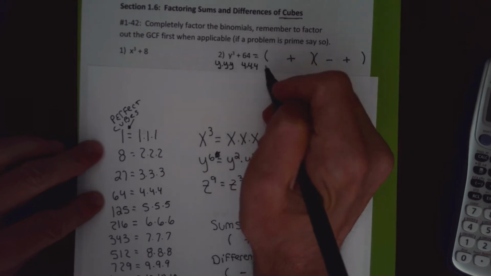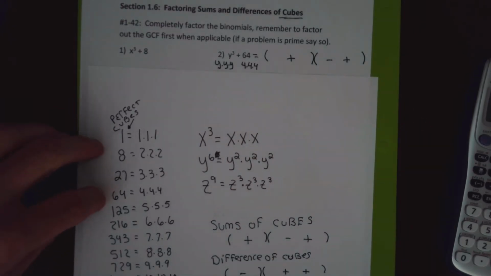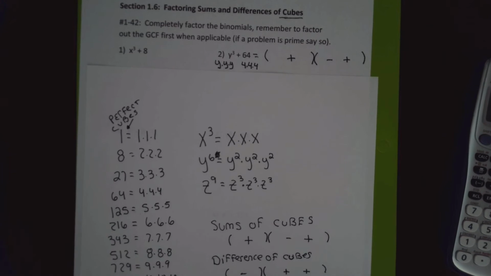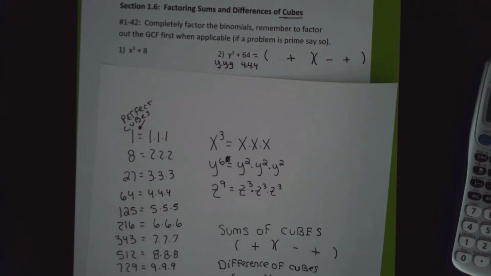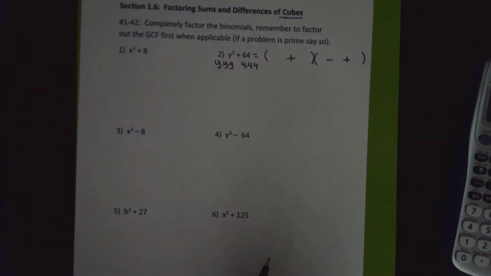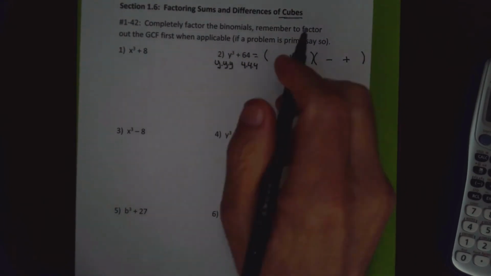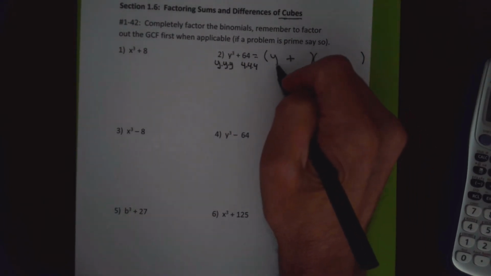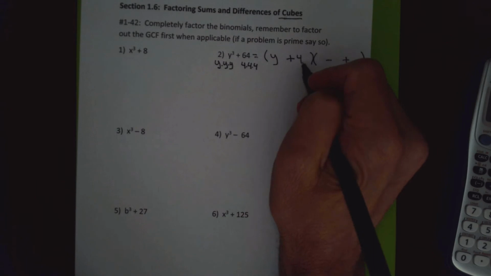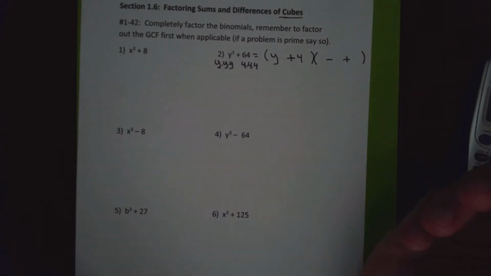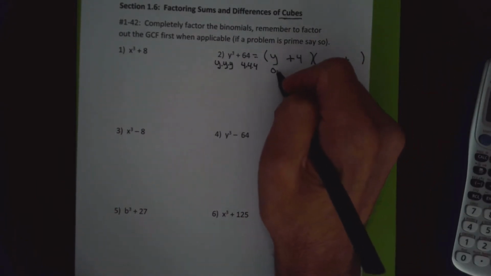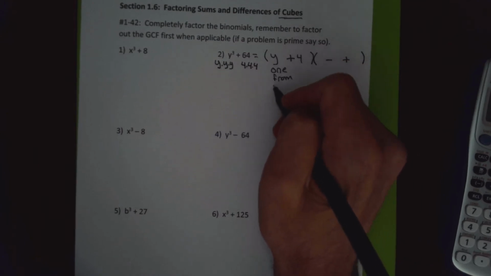So I have my template, and I've written underneath why it's a cube. Now I'm going to fill up my parentheses. The first parentheses gets 1 from each group. So 1 from the group of y's and 1 from the group of 4's.